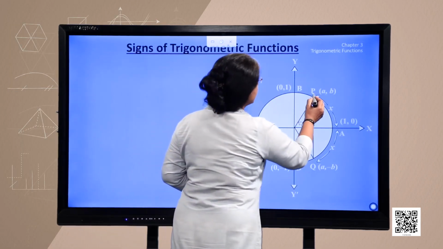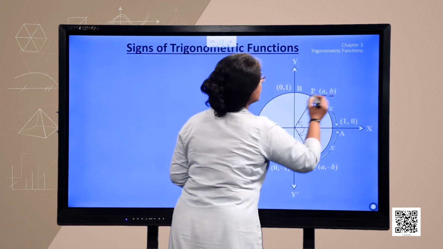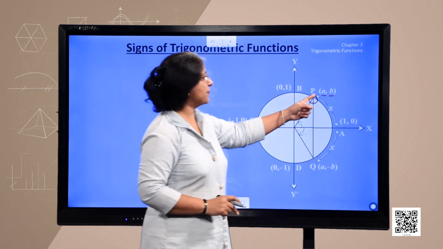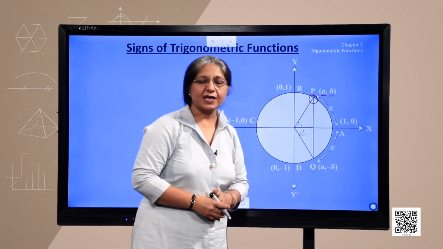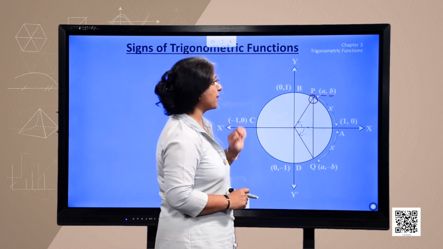See, when the point is here in the first quadrant, both A and B are positive. Since both A and B are positive, A represents the value of cosine and B represents the value of sine. Therefore, sine and cosine both are positive from 0 to pi by 2.